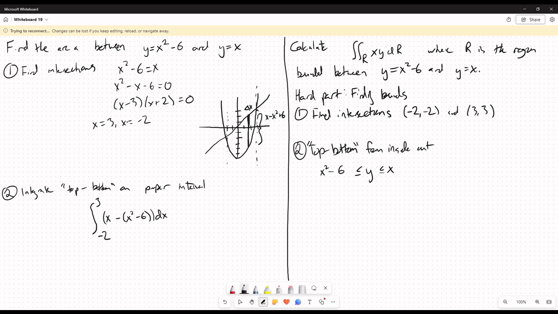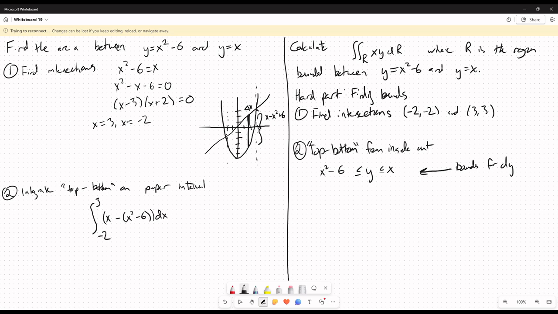We can see that from the picture. In this region that we're looking at, y is between these two things. So this is going to give me my bounds for my dy part. And we'll come back to that later.